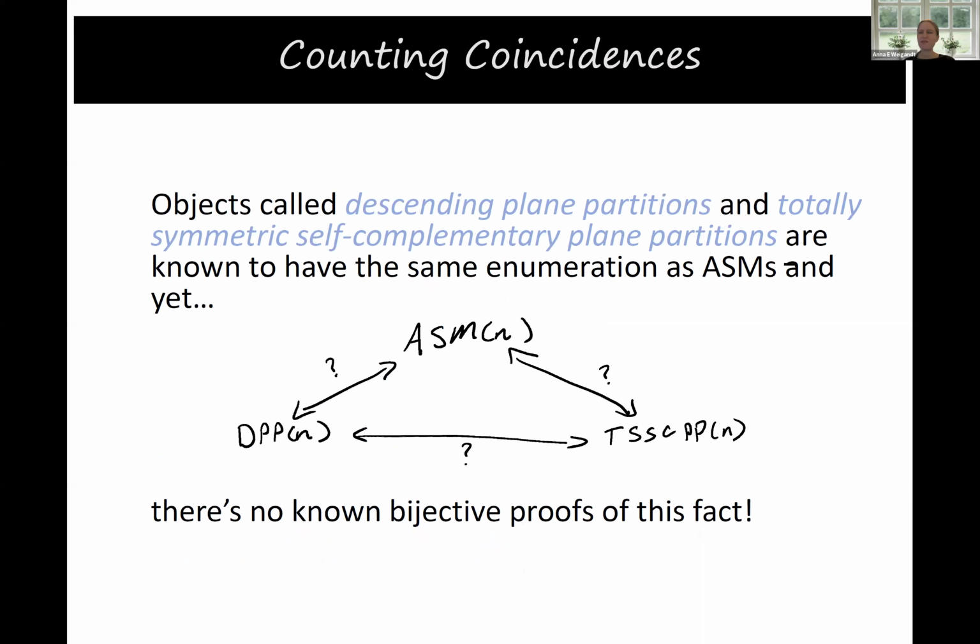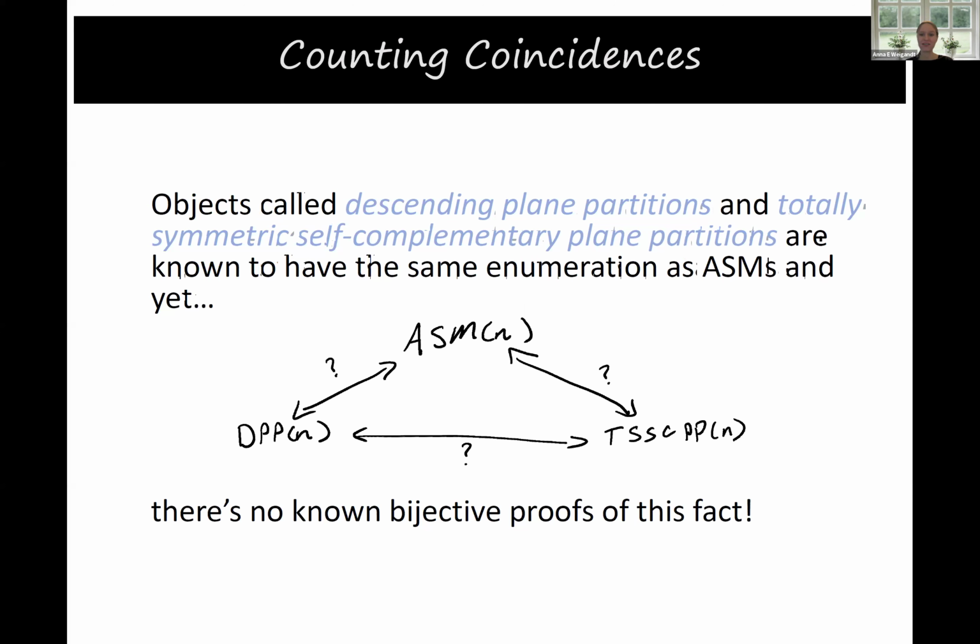Okay. So there are some other sets of objects that are enumerated by the same formula. Some of the famous ones are descending plane partitions and totally symmetric self-complementary plane partitions. They are known to have the same enumerative formula as ASMs.